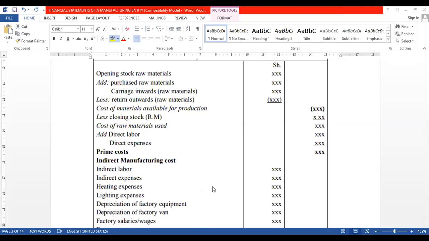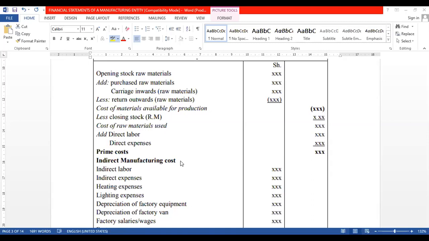Good. So we continue then from the prime cost here. The good thing about accounting is that we have a format. So as long as you get this format right, these are the things you just feed in, and they are usually there on the question papers, and therefore it is not a big deal. Then after we get the prime cost, we add all the indirect manufacturing cost.